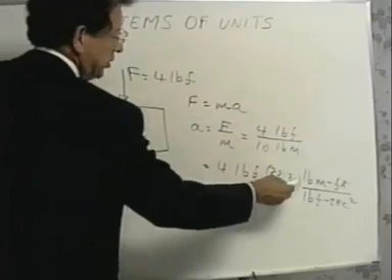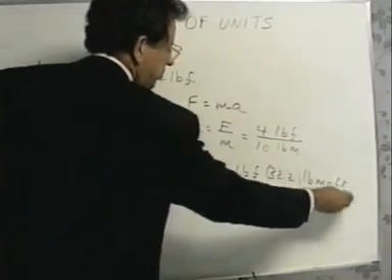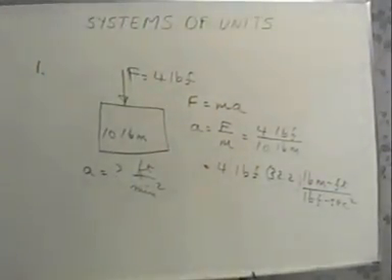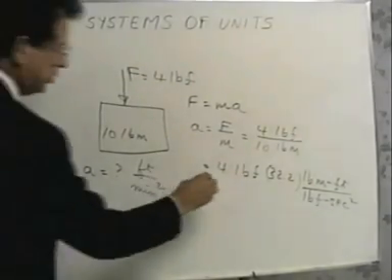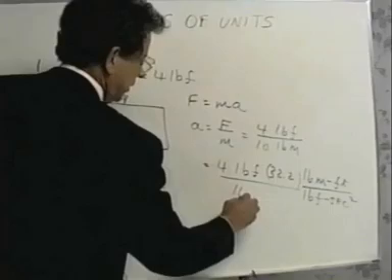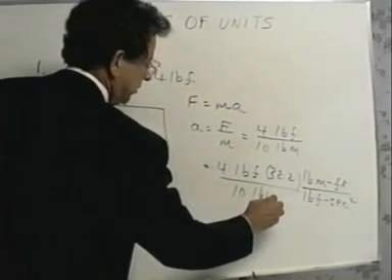What we're seeing here is the 32.2 feet per second squared conversion factor, and after we've done this, of course, we then divide by 10 lbm.